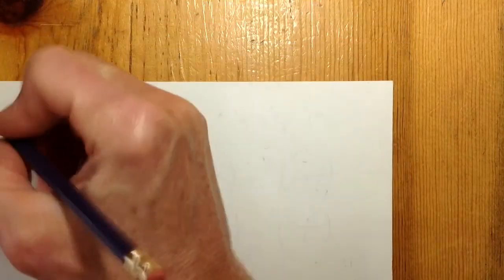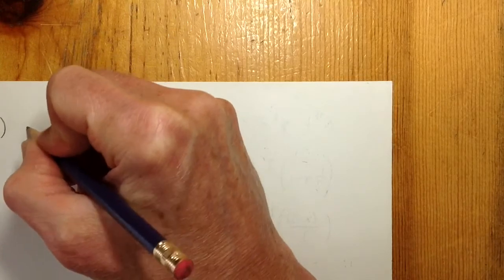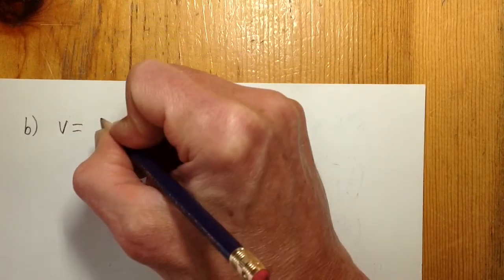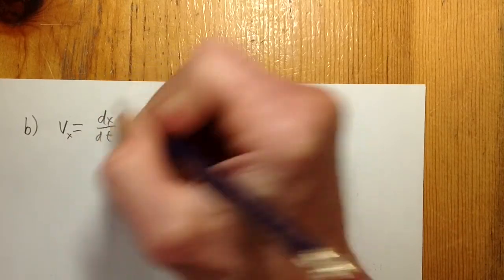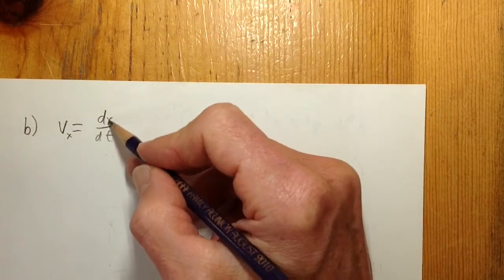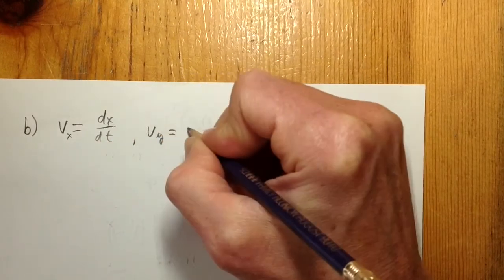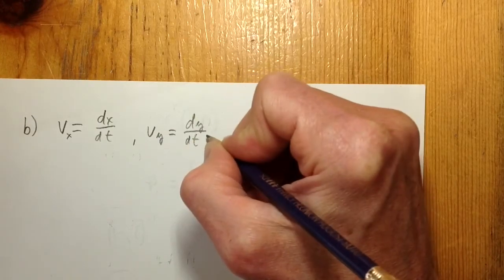So for the velocity, how fast something is moving, is its derivative. The velocity, how fast it's moving in the x direction, Vx, is dx dt. Right, the derivative of how fast the x position changes, that's its x velocity. And Vy is dy dt, how fast the y position is changing.